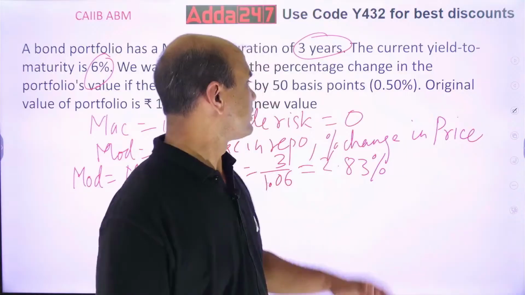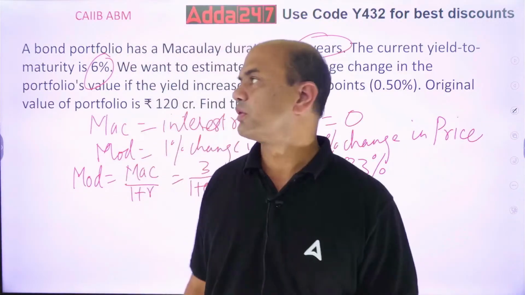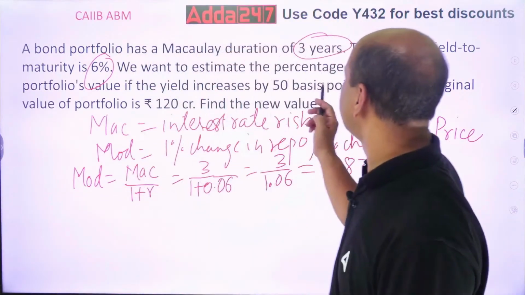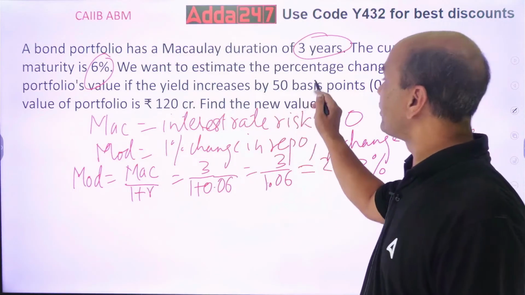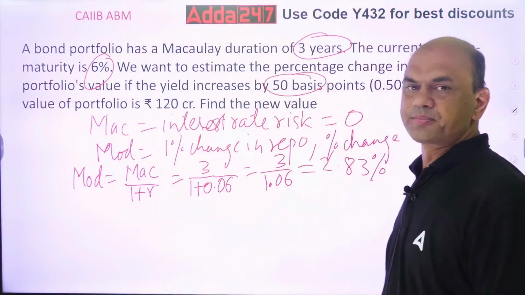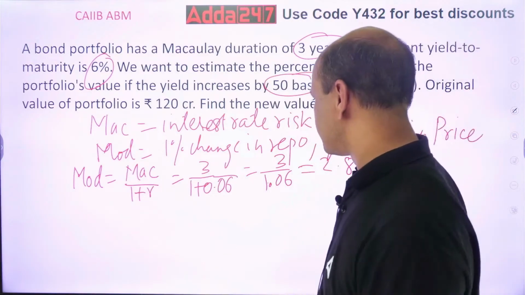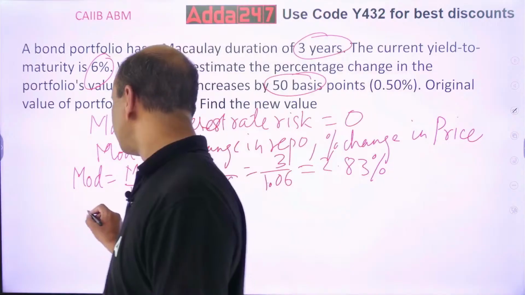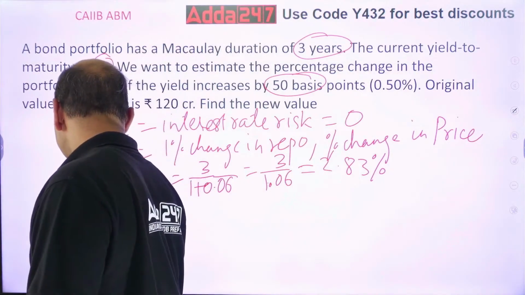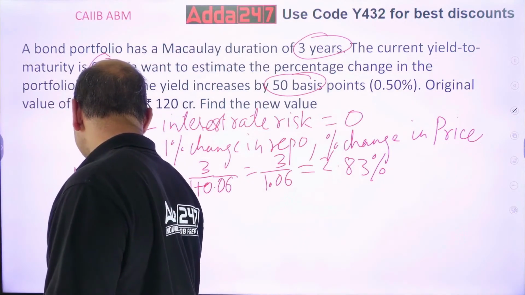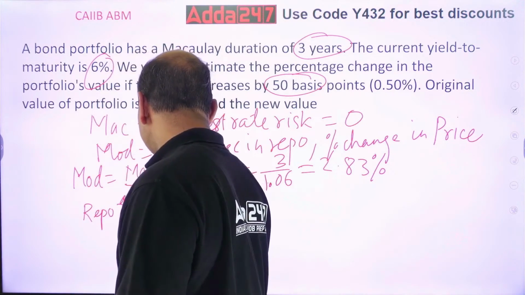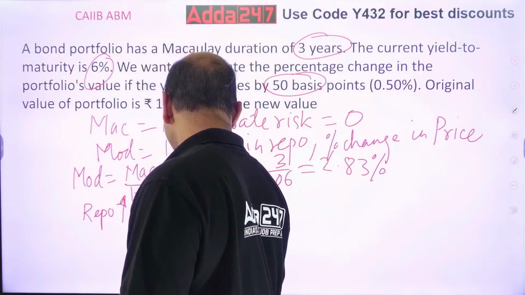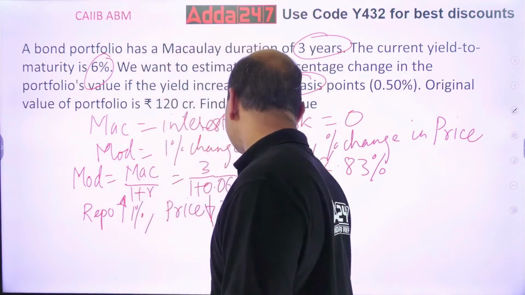Okay. So now what is given? We want to estimate the percentage change in the portfolio's value if the yield rises by 0.5%. So now understand this. If repo rises by 1%, my price will fall by 2.83%, right?